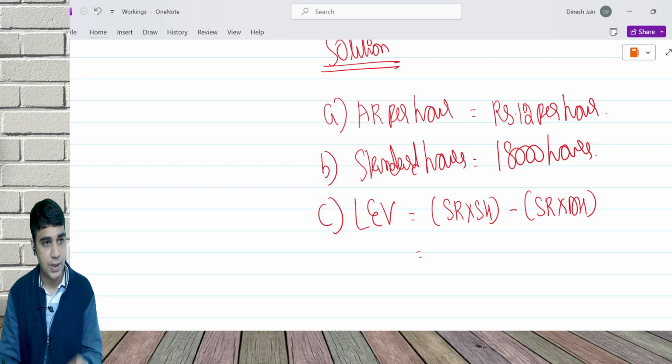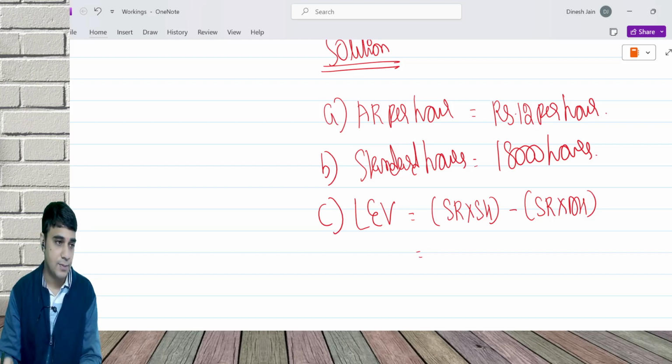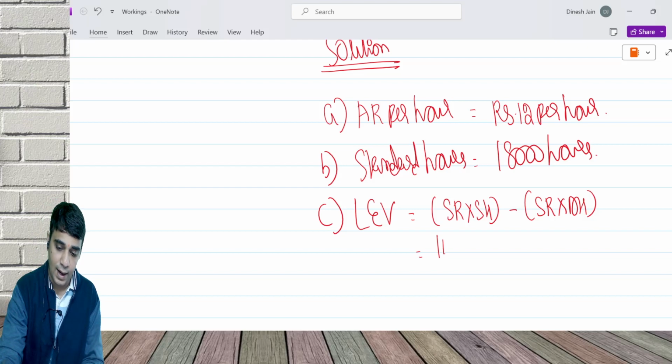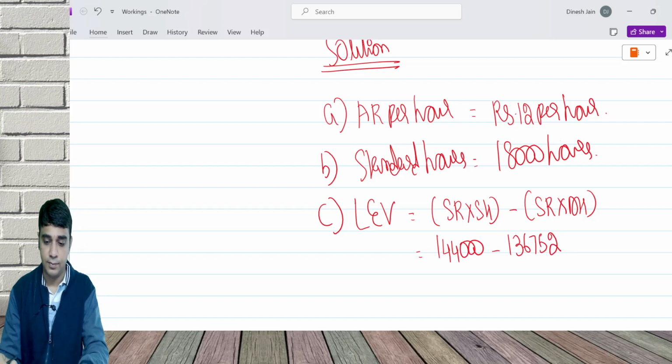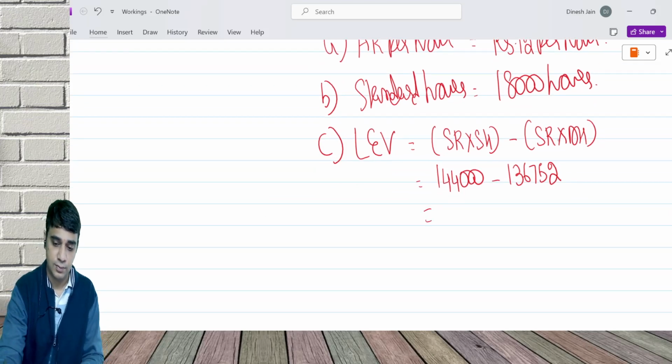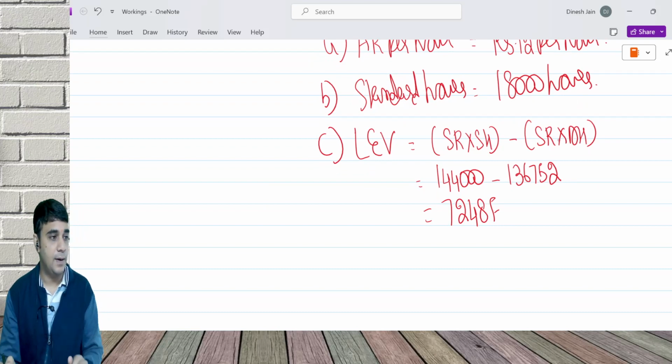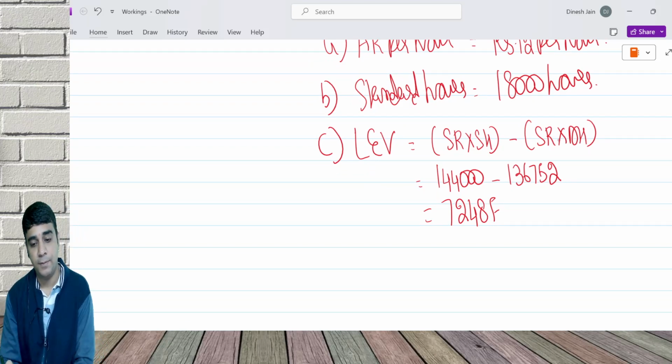The formula comes from the chart. 1,44,000 minus 136,752. How much is the answer? 7,248 favorable. Any doubts on this?